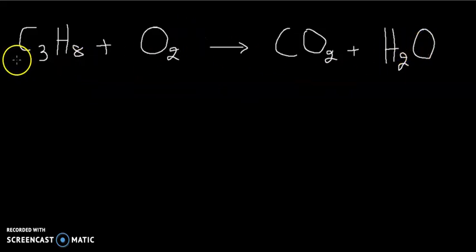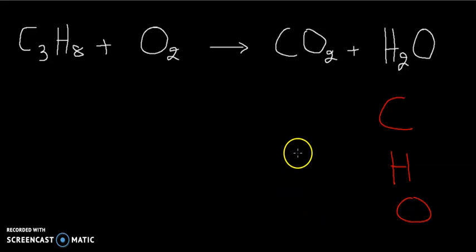Now, what's different in this reaction? You can notice that there's three types of atoms. You have carbon, you have hydrogen, and you have oxygen on both sides. Typically in this type of reactions, we have an order to stick with. Usually first we balance carbon, then we balance hydrogen, and we leave oxygen for last.